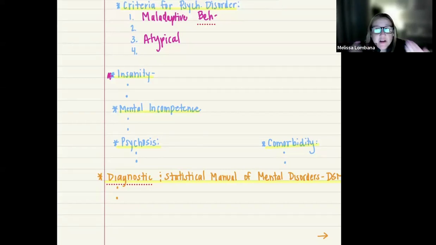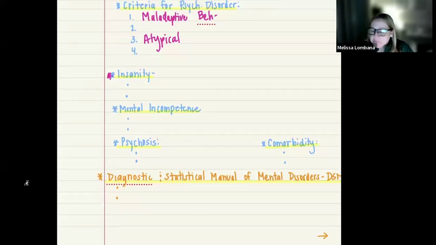And then there's a lot of critics, obviously, of the DSM-5, and many of them say that the way disorders are assessed is very subjective. It is people's opinions on what they're seeing. So there's a lot of that controversy when it comes to diagnosing people.